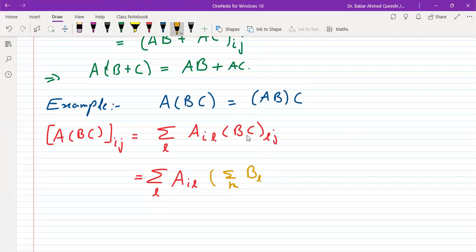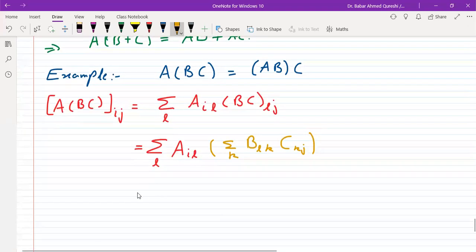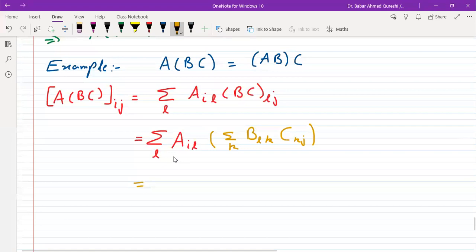In this element, l and j are fixed. So now I have a sum and a number is multiplying that sum. You know what that means? It means this number can go in.